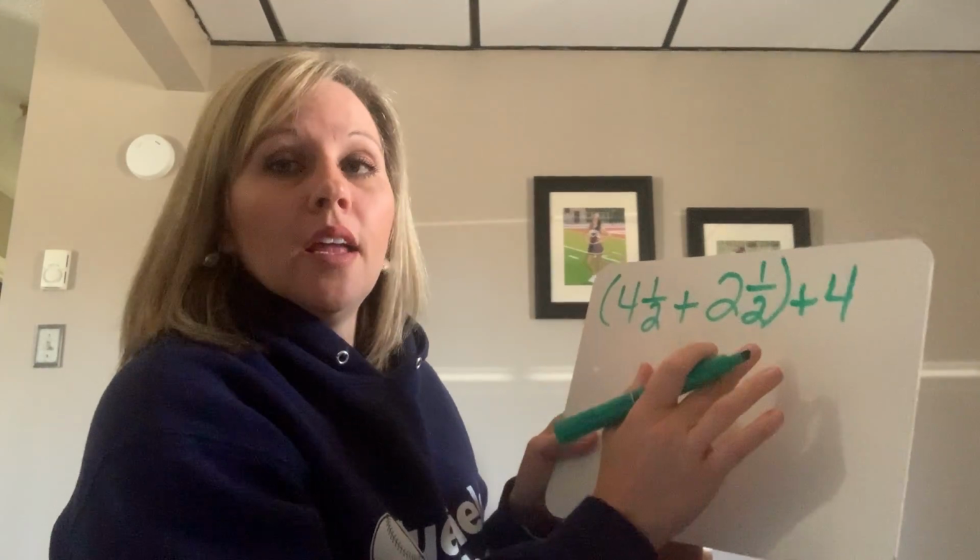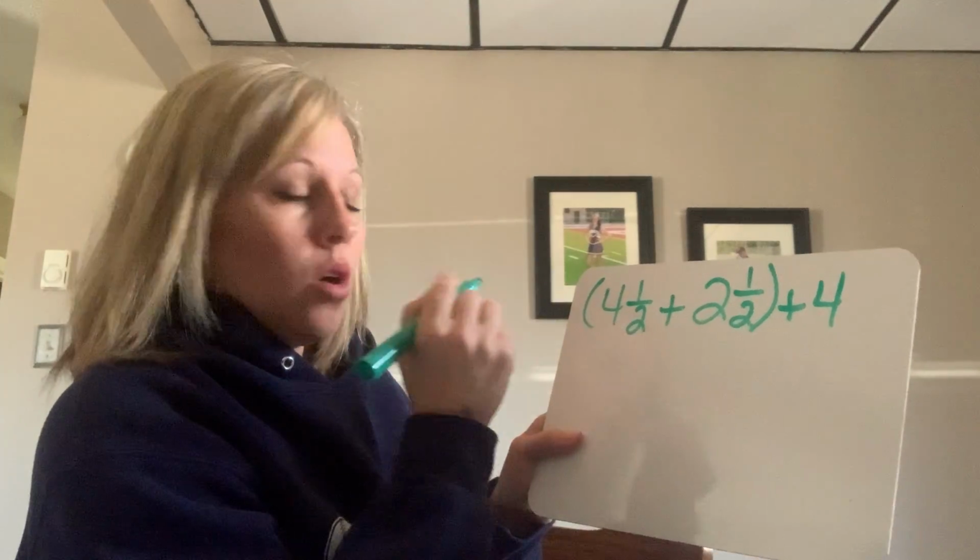Okay, well, let's look. All you got to do is group them together. Since you've got halves, I'm going to put 4 and 1/2 with 2 and 1/2. Then I'm going to add the 4. Okay, 1/2 and 1/2 gives me a whole.